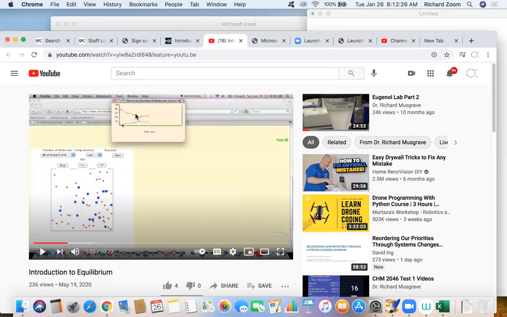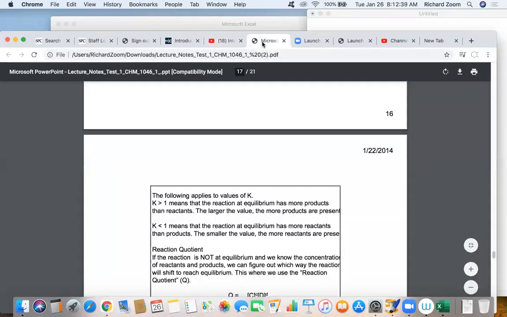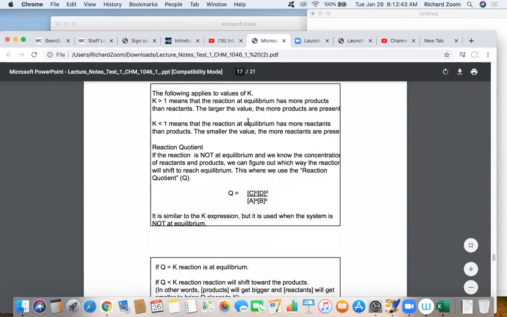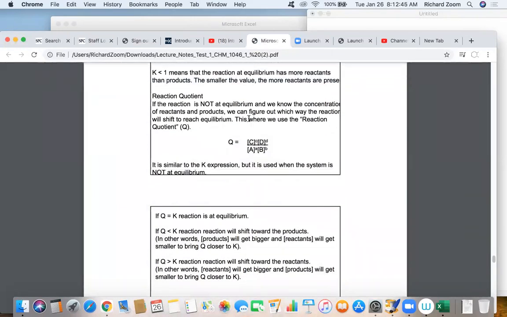As such, we can make predictions about where the reaction's going to go as long as we can calculate this other magical value called Q, which is the reaction quotient. The reaction quotient can be used at any time, not just at equilibrium. K only applies at equilibrium conditions.